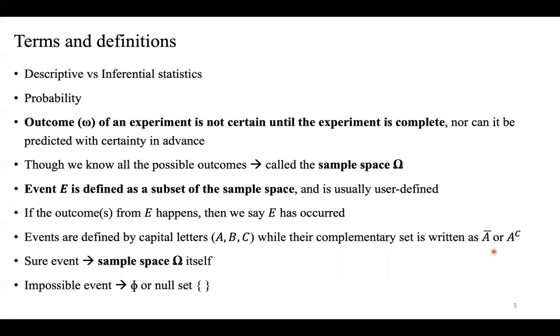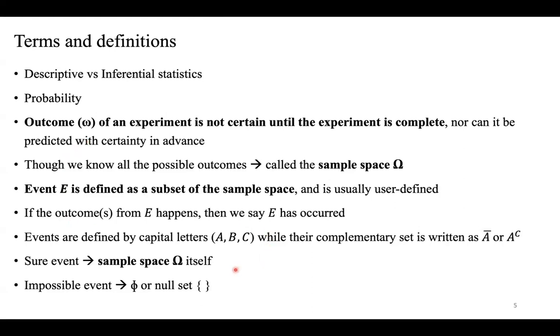We'll come to the complementary aspect in a little while. Now, we did say that one of these outcomes is definitely going to occur, but which one you don't know. But what you know is that one of them is going to occur, right? So if you define your event as everything, anything can come. I define my event as 1, 2, 3, 4, 5, 6, then of course it's going to happen. So it's a sure event. As the course progresses, we will come across examples where a sure event or what we call an impossible event may be useful.